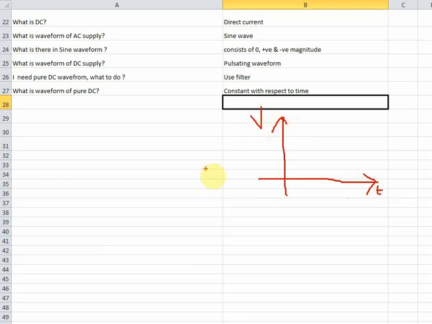On the x-axis and y-axis, it is constant. So this is about the pure DC waveform.